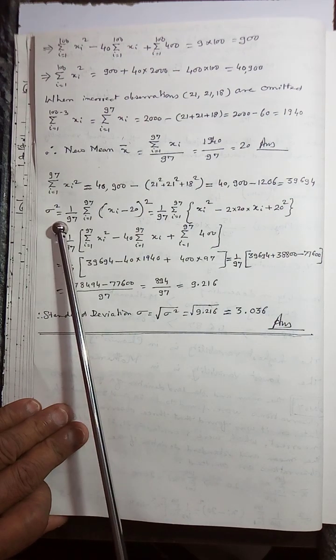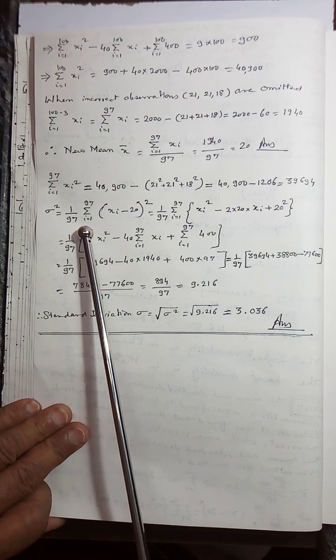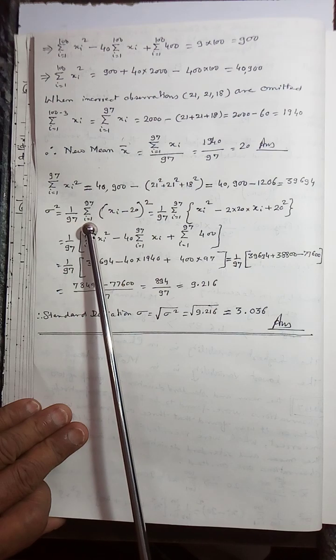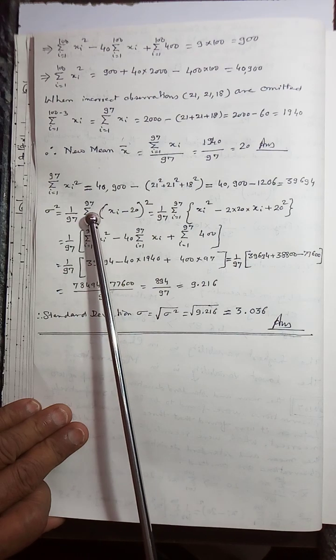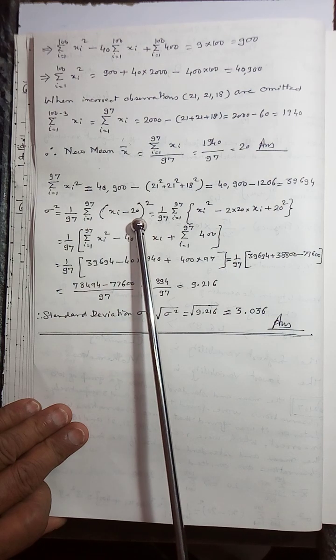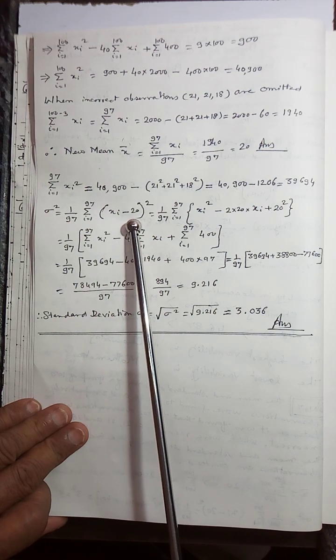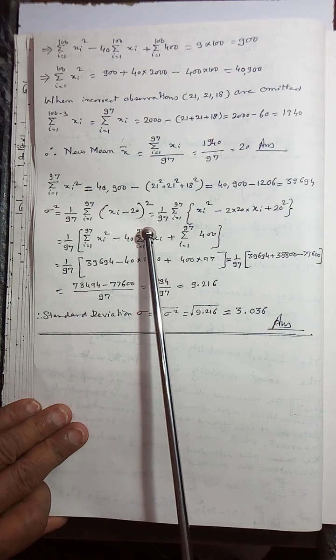So sigma square will be equal to 1 upon 97, summation of i is equal to 1 to 97, xi minus 20, that is the mean. So (xi minus 20) bracket close, square.